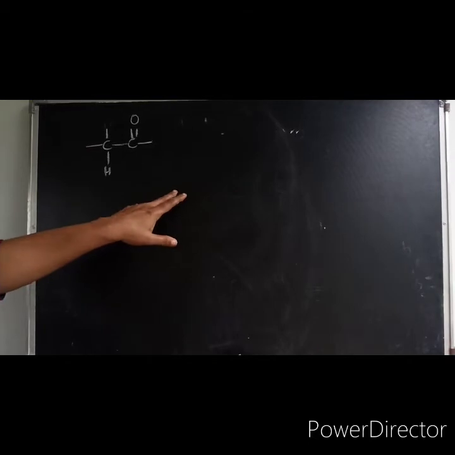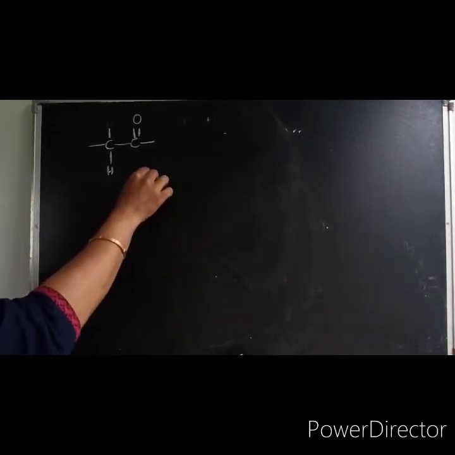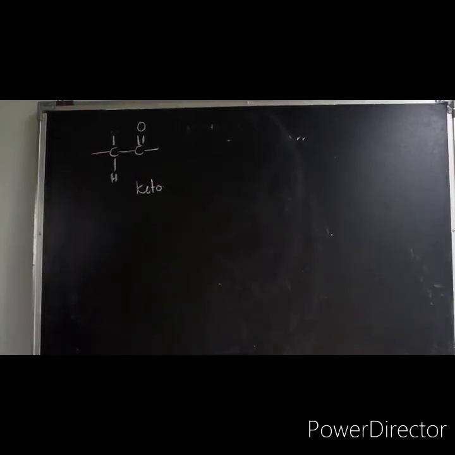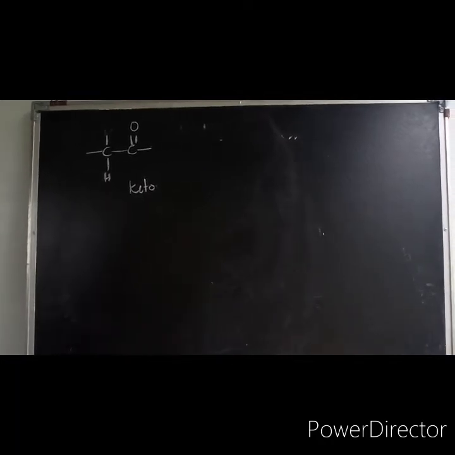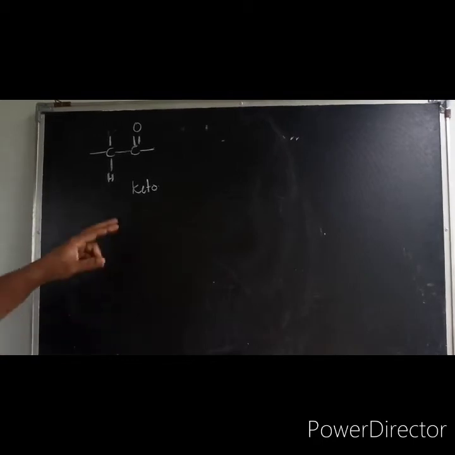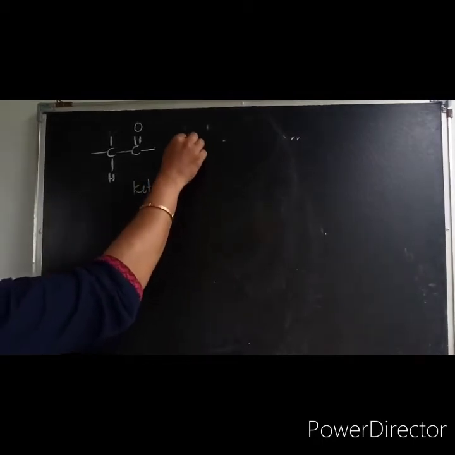In order to get more enol form, you can enhance or catalyze the formation of enol by adding acid or base.